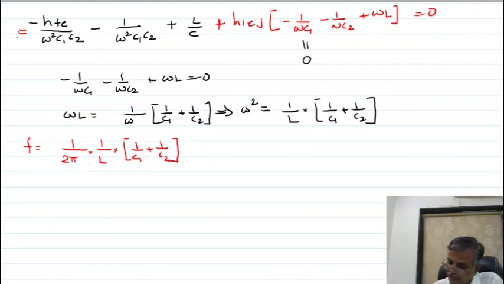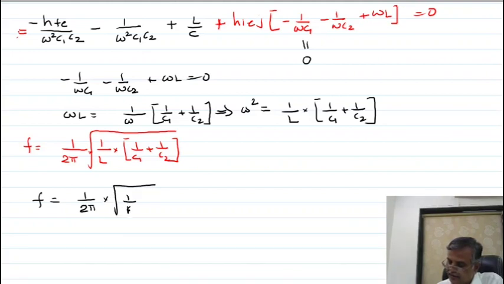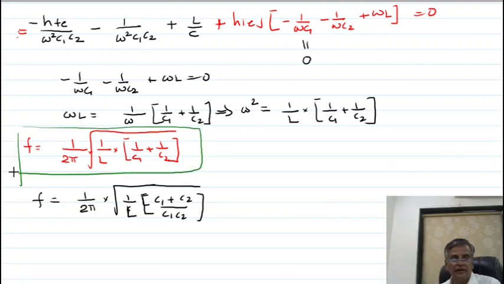Or I can write F is equal to 1 upon 2 pi into root of 1 by L into (C1 plus C2) upon C1 C2. This is your frequency of oscillation. You have to remember this equation. I think it is very easy to derive the equation of frequency of oscillation.